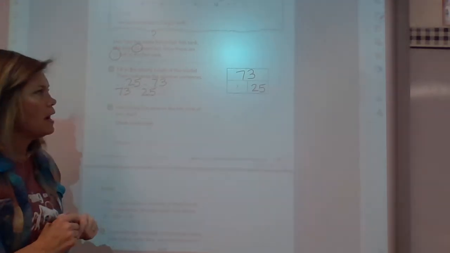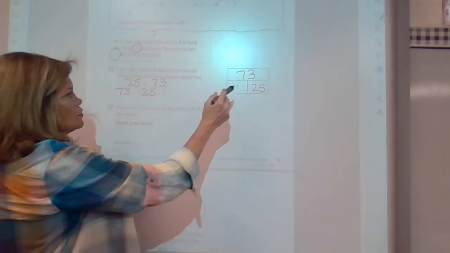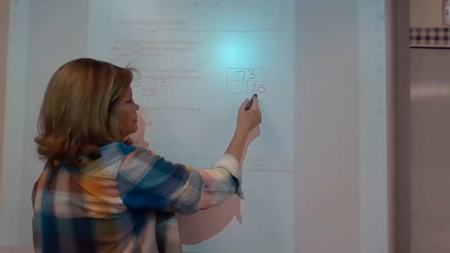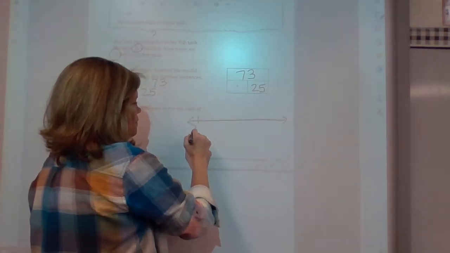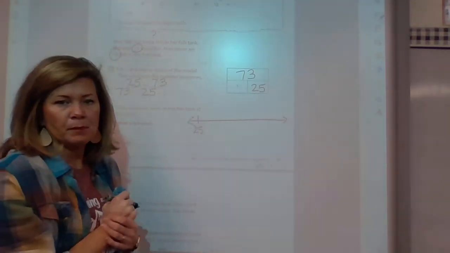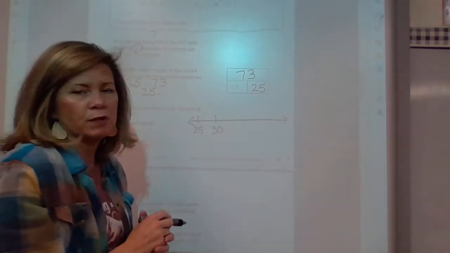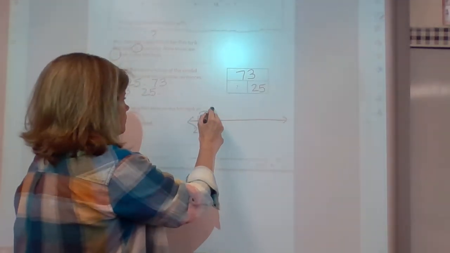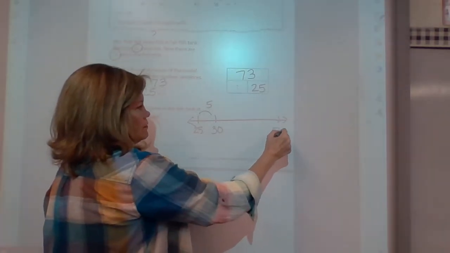Okay, well, I think we can do this. So let's start by counting up, okay? So if we're at 25, we'll draw a little mini number line. We're at 25. My next nearest 10 would be 30. How many hops from 25 to 30? 5. Okay. I'm going to land at 73.